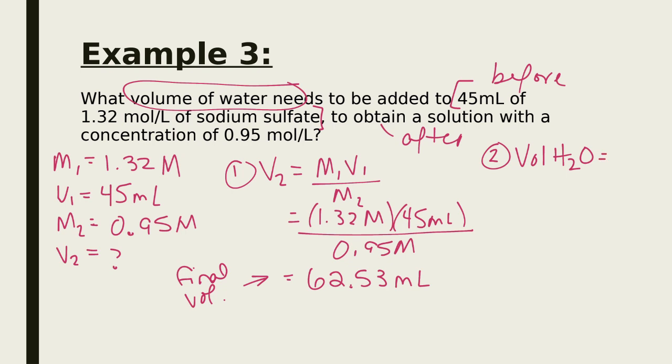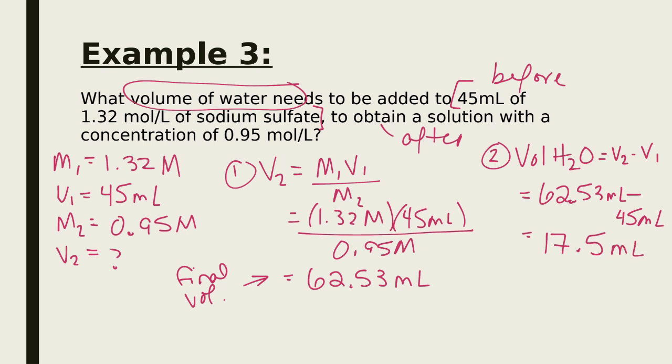So what we want to do is we just want to take V2 minus V1 and then come up with the amount of water. So I'm going to take 62.53 mL. I'm going to subtract off 45 mL of stock solution. And when I do this, I'm getting a volume of water of 17.5 mL.